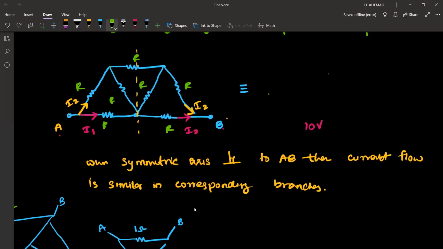That's the idea. So just think, if I remove this connection, if I remove the connection over here, will that make a difference?